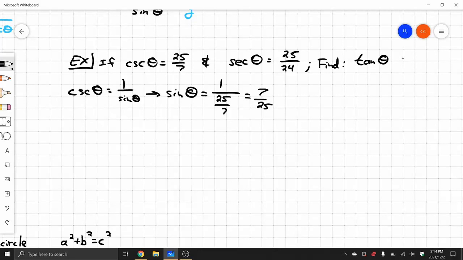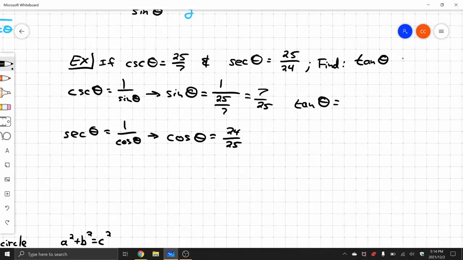Now I need to do the same thing with my secant. My secant theta is the reciprocal of my cosine, so my cosine is just going to be the reciprocal of my secant here, which is going to be 24 over 25. Now my tangent I know is sine over cosine.